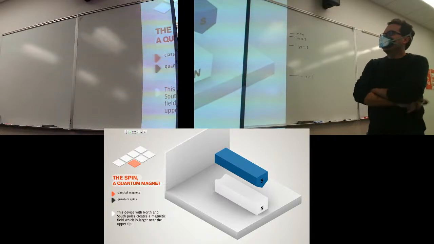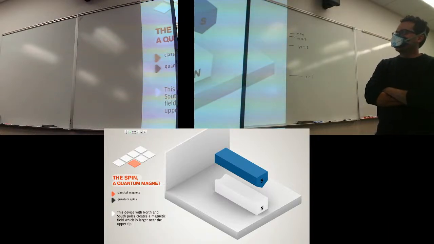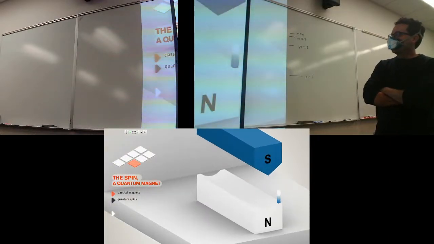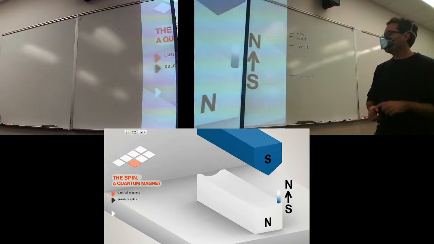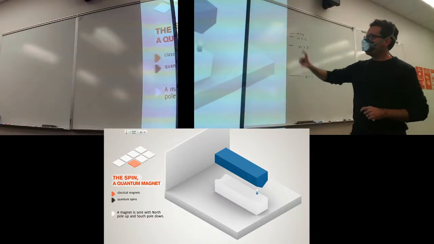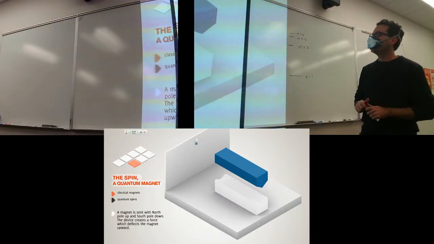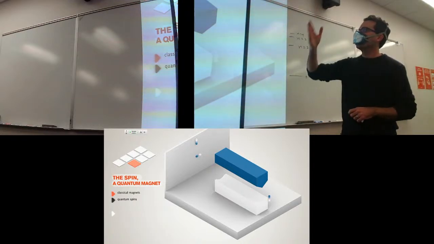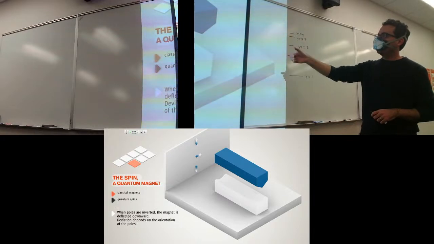So the idea here is they're going to have a strong magnetic field, and they have bar magnets that they're sending through. And these bar magnets are oriented south and north. And if you send it through this strong magnetic field, the magnet is flipped sideways.